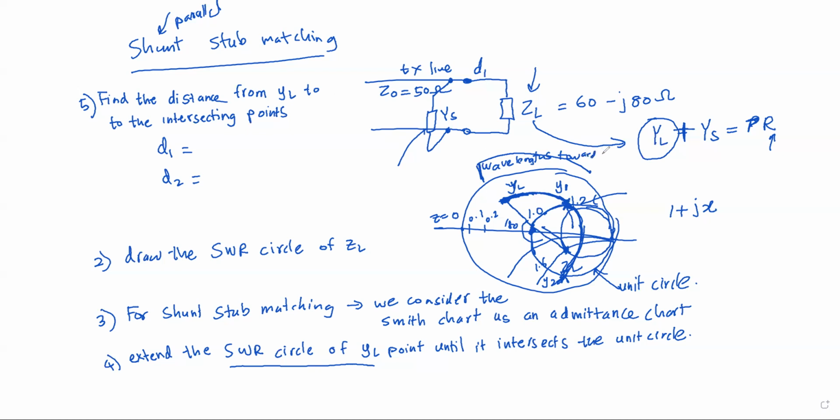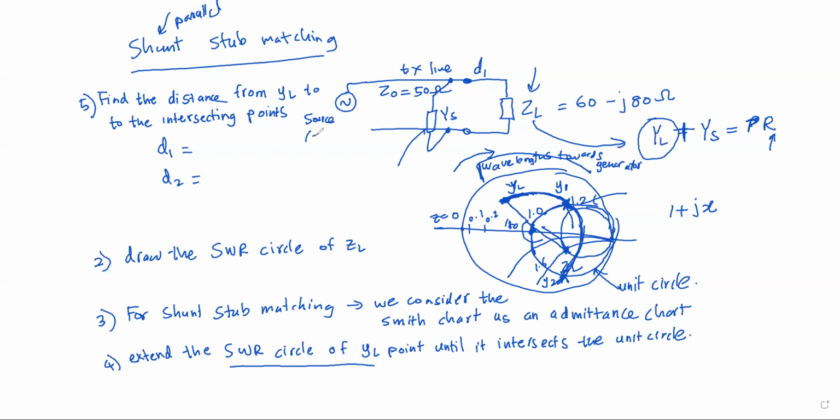That scale gives you a distance in terms of lambda. What do we mean by wavelengths towards generator? Once you are moving in this direction along this scale, you are moving from the load towards the generator. The generator is the source.